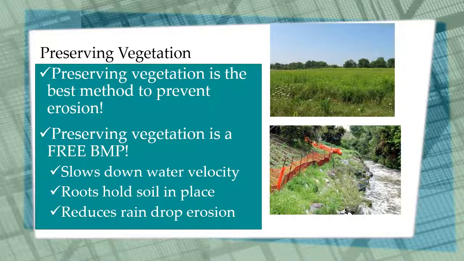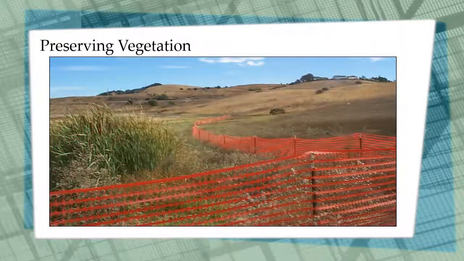So encourage your contractors to minimize disturbing existing vegetation. Encourage contractors to provide positive protection for areas they want to keep undisturbed. Use construction fence to keep areas from being tracked over, reducing your sediment runoff from construction activities.